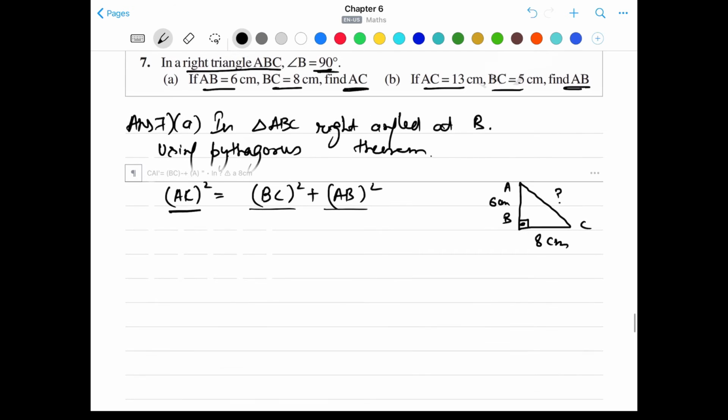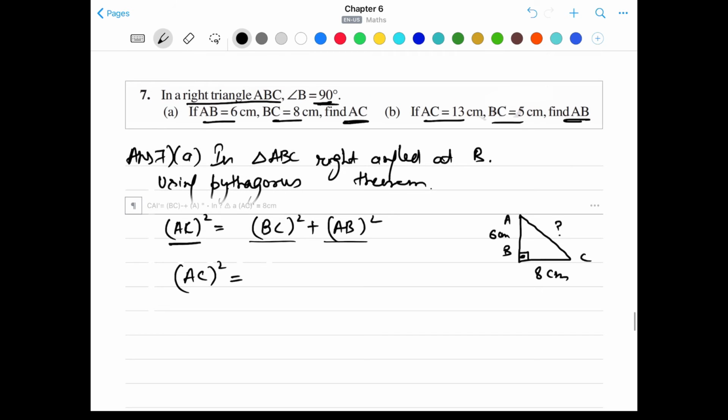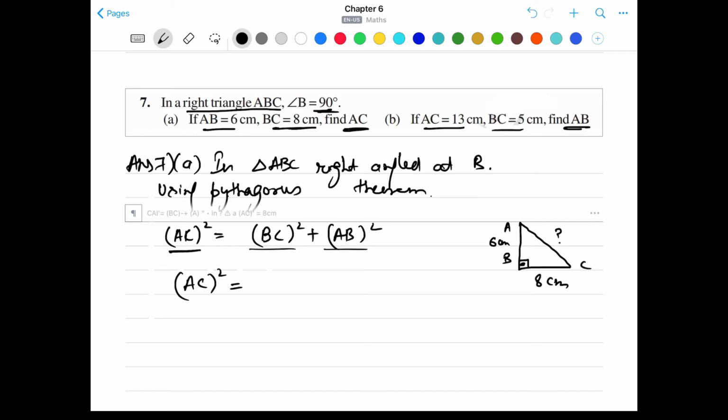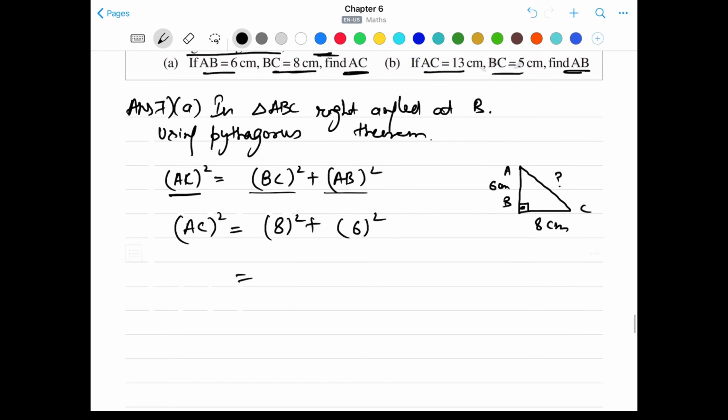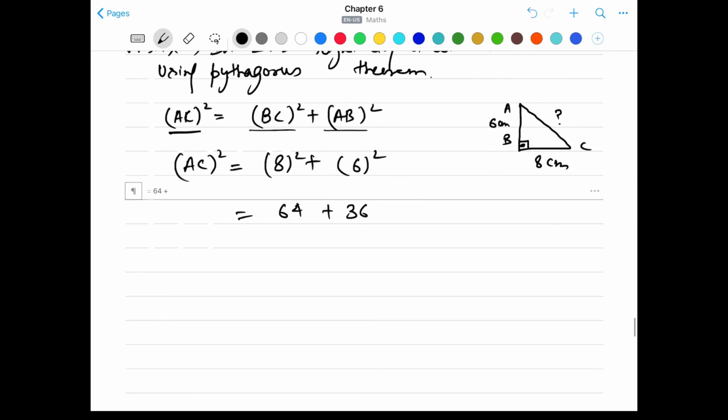Since we have to find the length of AC, we'll keep it as AC square. BC is given as 8 centimeter, so in place of BC we'll write 8 square, and AB is 6 centimeter, so we'll write 6 square. Square of 8 is 64 and square of 6 is 36. When you add the two, you will get 100.